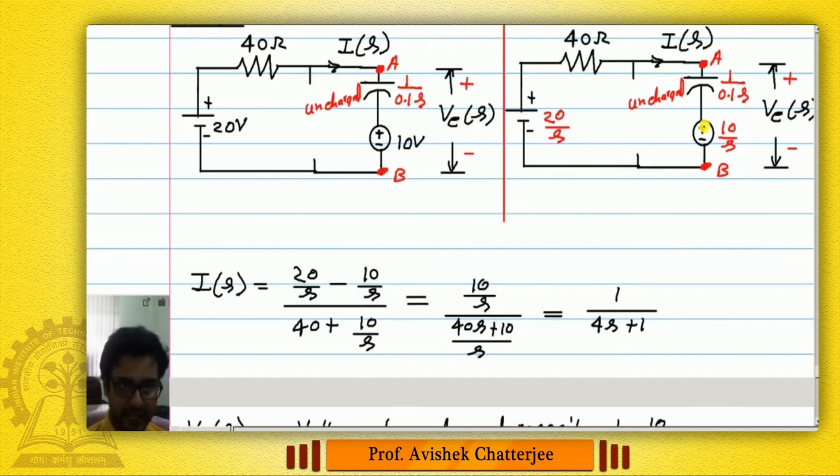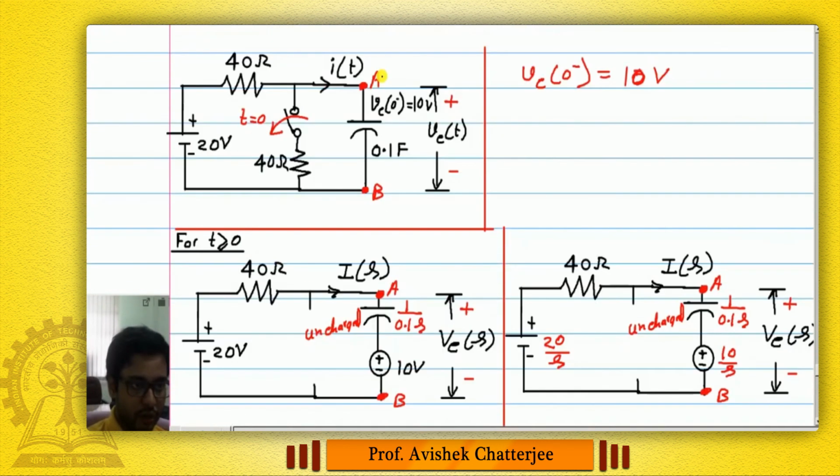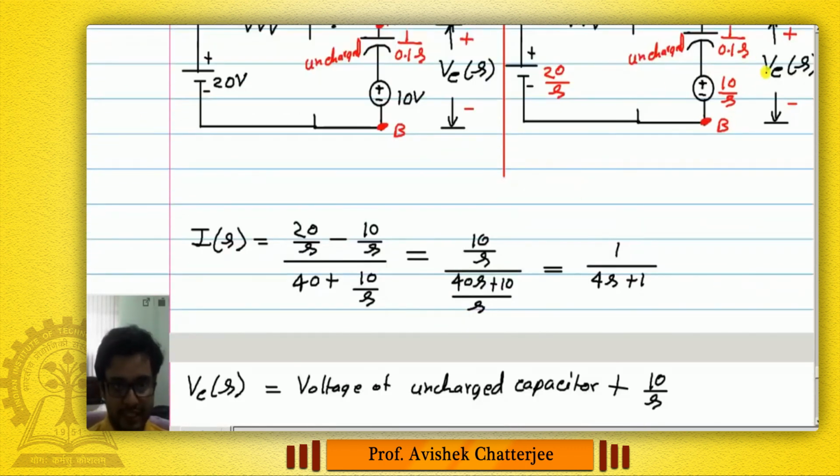Please understand that we want the voltage originally between A and B, which is here A and B. Okay, and this actual capacitor is replaced by this capacitor and the source. So the voltage across the actual capacitor will be same as the voltage across the uncharged capacitor plus this voltage. We do not want the voltage across the uncharged capacitor alone. Okay, so VCS is these two voltages together.